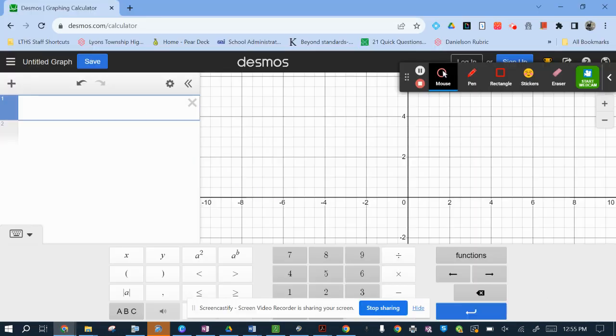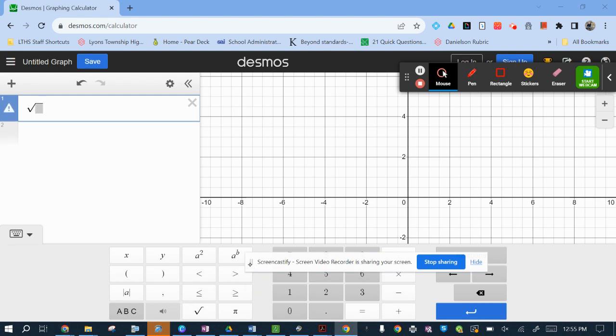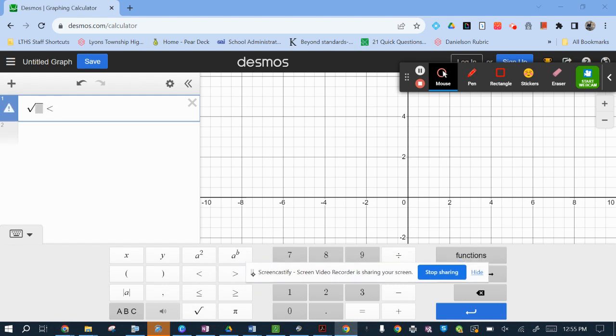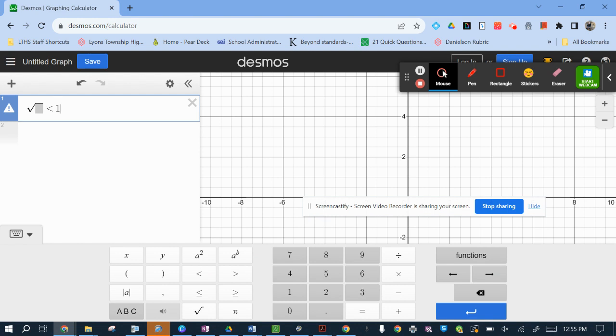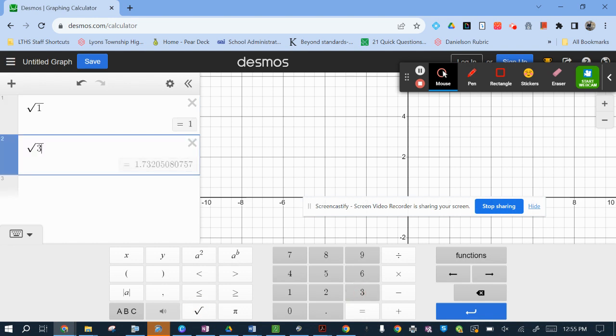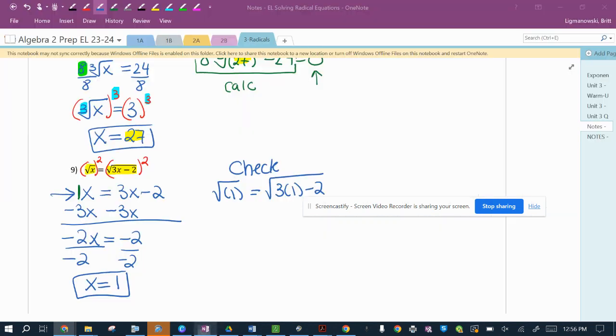So let's do the square root of 1. Square root of 1 is 1. And then we're going to do the square root of 3 times 1 minus 2. And so since this is equal to this, then that's good. They're both equal to 1. So it means 1 equals 1, which is good. So that means this is a solution.